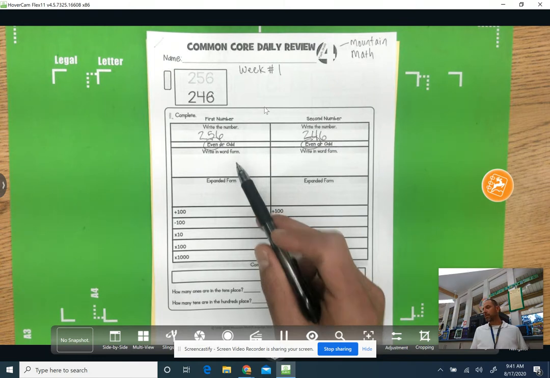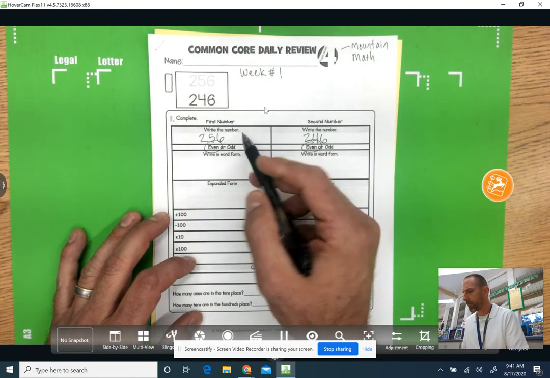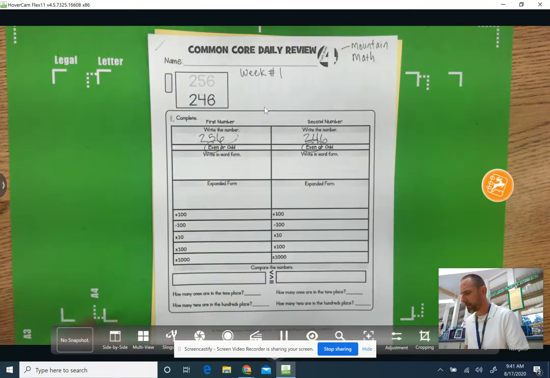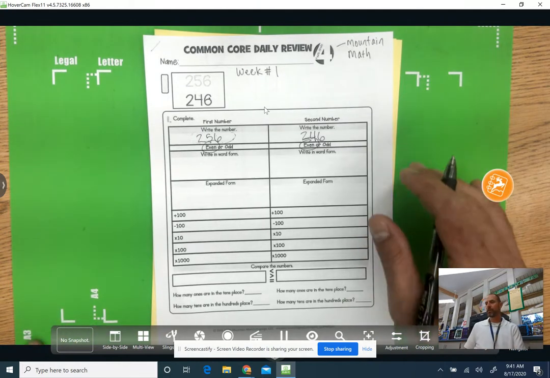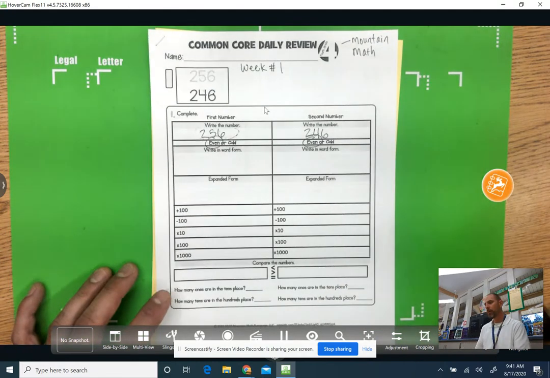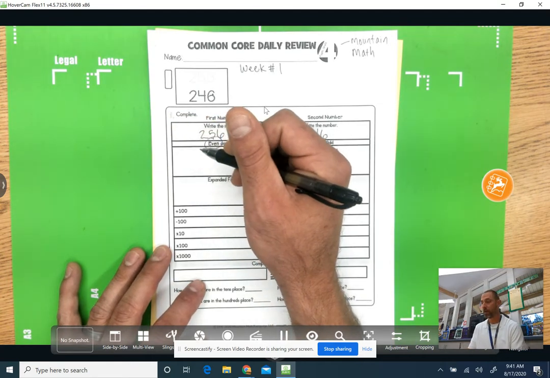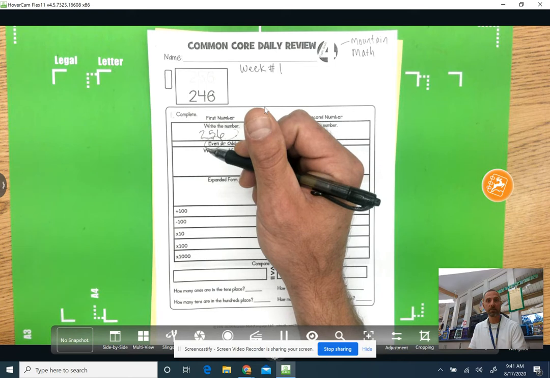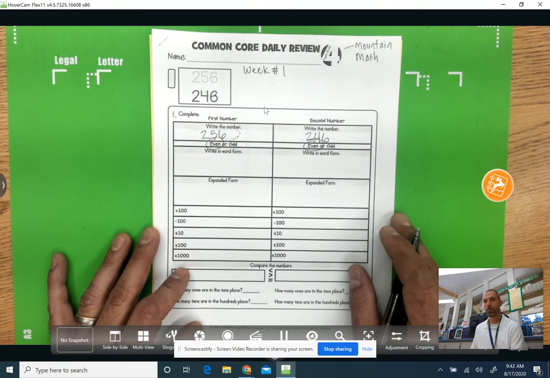The third task that we will do to complete number 1 is write in word form. We're going to be writing 256 and 246 in word form. And so when we do that, we are going to be doing our best with spelling, okay? I'm not going to count your answer wrong if you happen to misspell a number. But you do have Google at your fingertips.